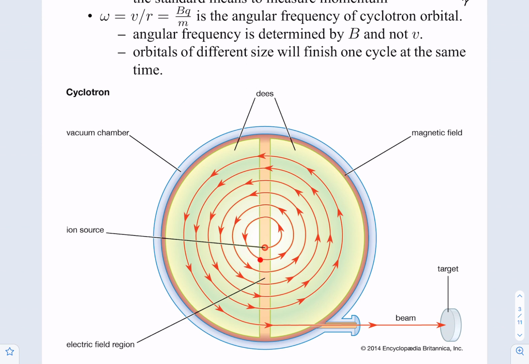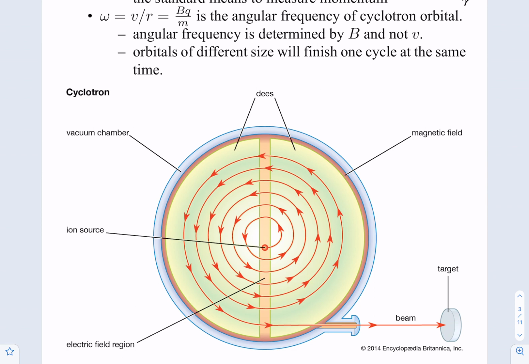Because the frequency is the same, the time it takes to finish half a cycle is exactly identical. So as long as you alternate your E fields at the exact same frequency, you will always be accelerating your charged particle, and as you go round and round, the particle will be accelerated to a larger and larger speed.